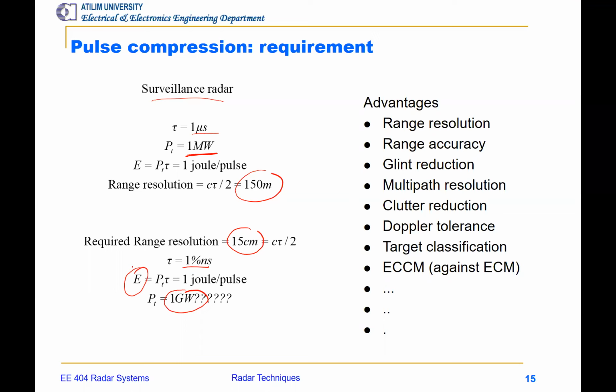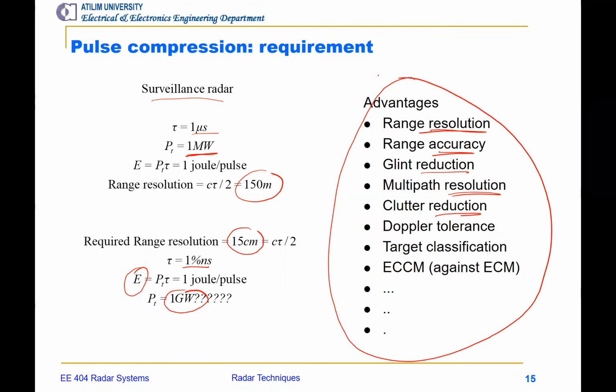Instead, we can use pulse compression. It provides range resolution, accuracy, glint reduction, multipath resolution, and clutter reduction. You see, there are many advantages of pulse compression. The cost will be the complexity, of course. You need more complex signal processing and more complex system design.